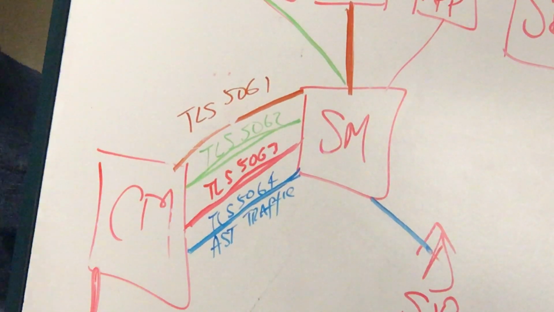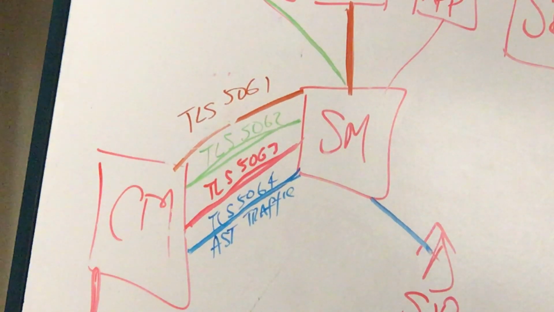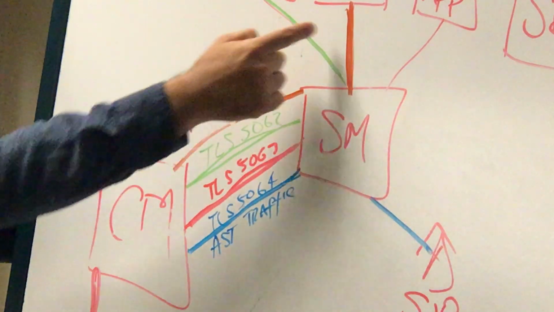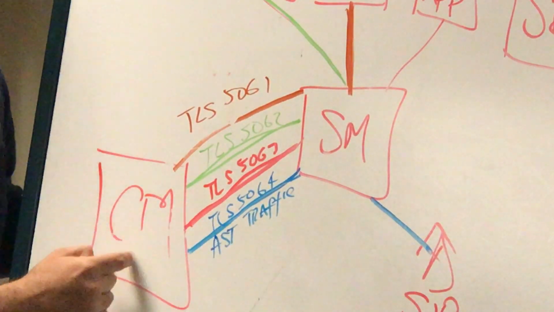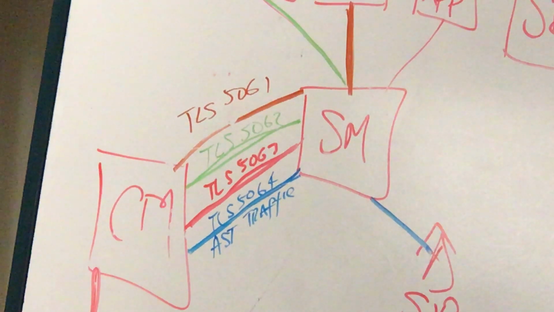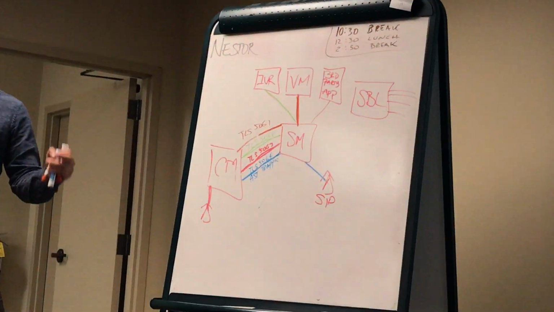You know, when you go to see your CM defined four times with the same IP address, people would probably name it like CM for IVR, CM for voicemail, CM for AST traffic, or something else. It's fine, it works, but I find it a little bit confusing.